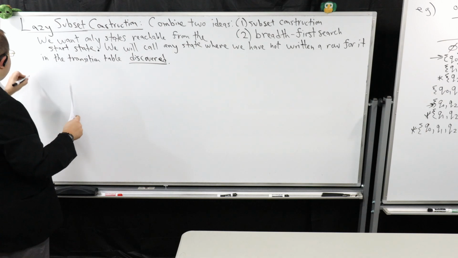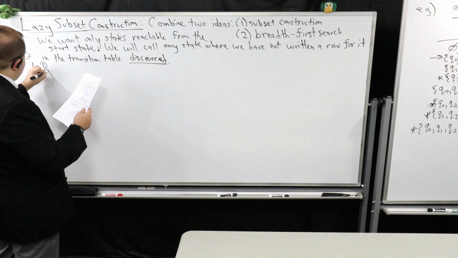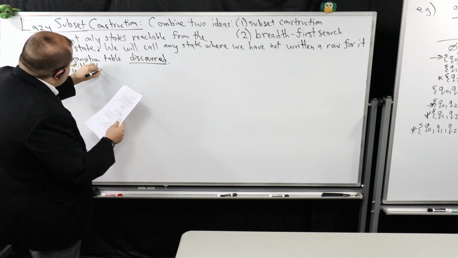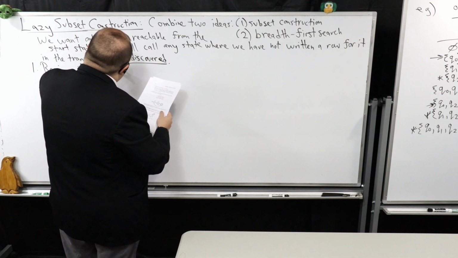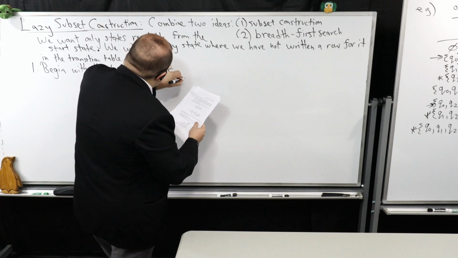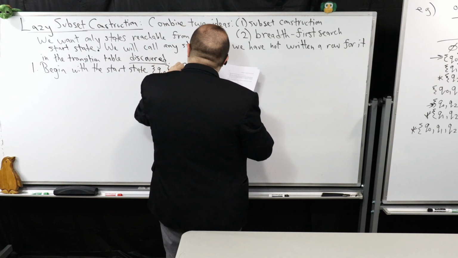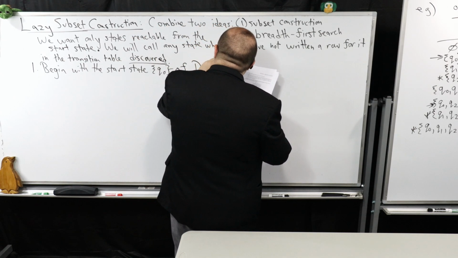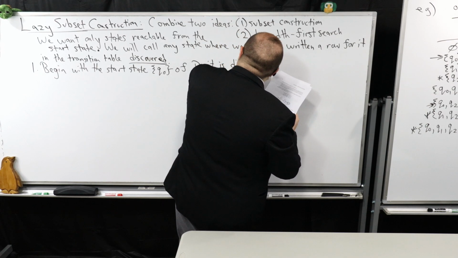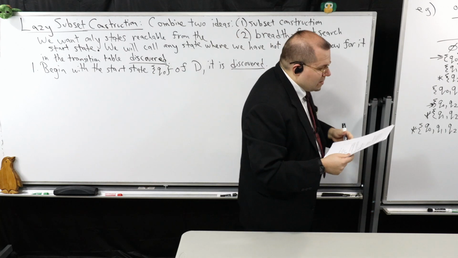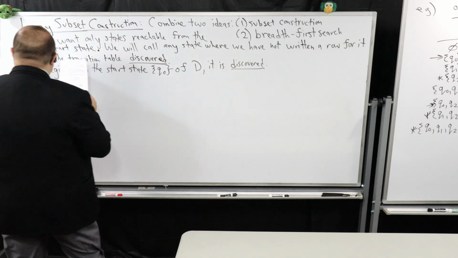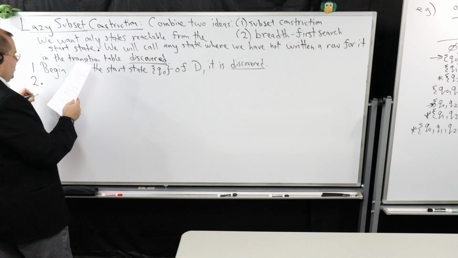There are two steps. It's really this simple. Begin with the start state Q0 of D. It is discovered; I'm just going to declare that. So that's the first step. The second step amounts to a loop, if you were to write this out in actual code.